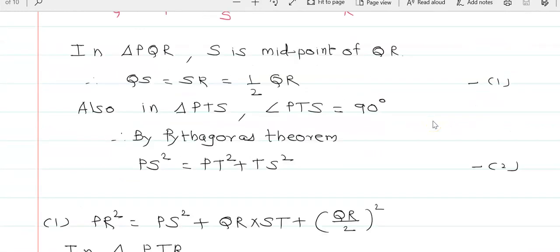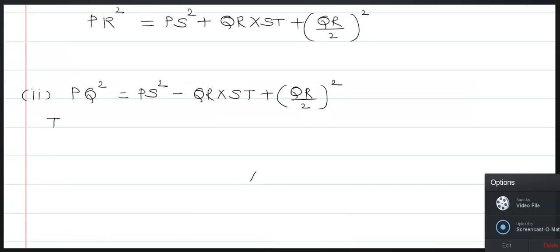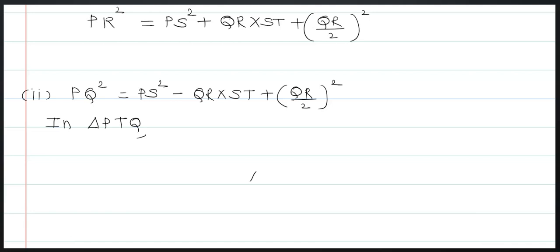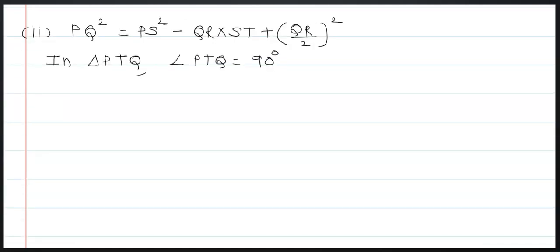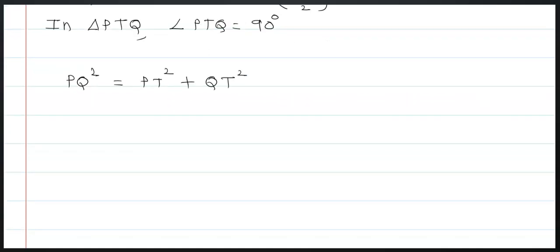Now see this here. That is in triangle PTQ, the measure of angle PTQ is 90. PQ square is equal to PT square plus QT square.